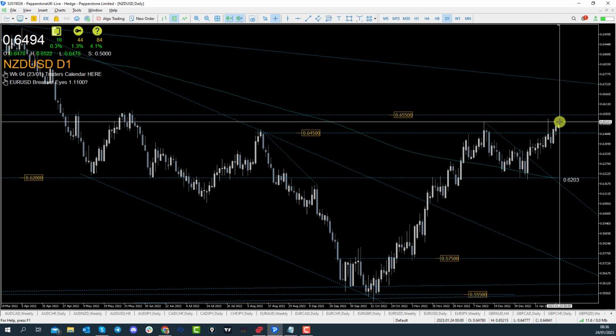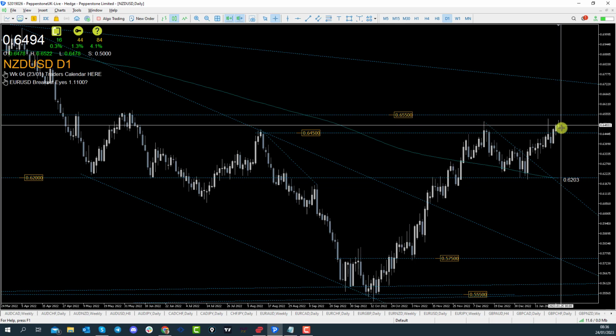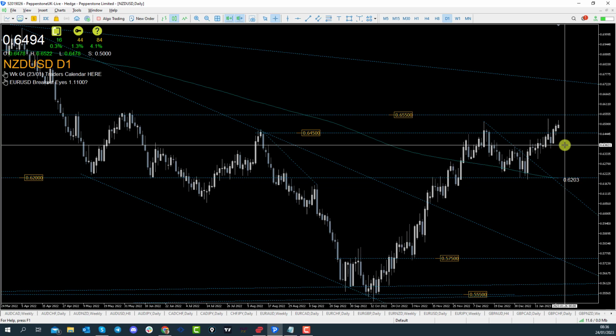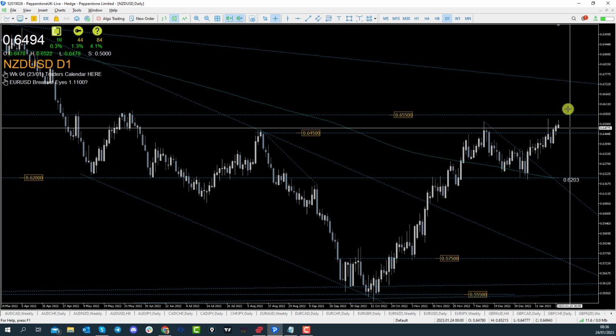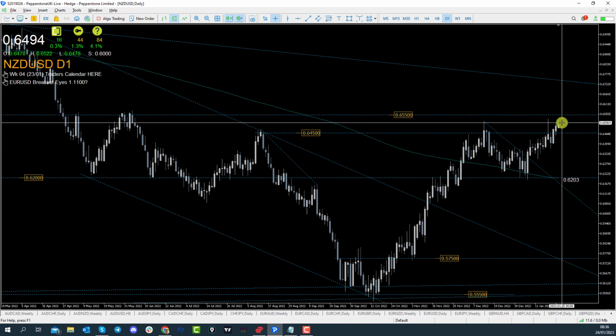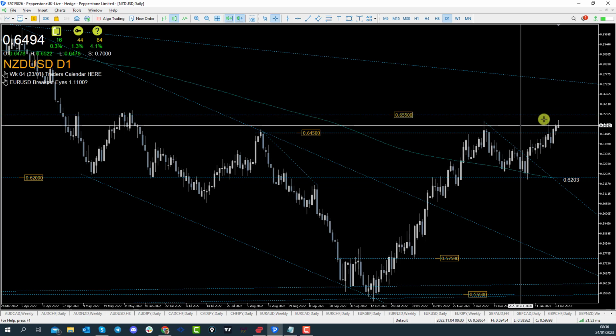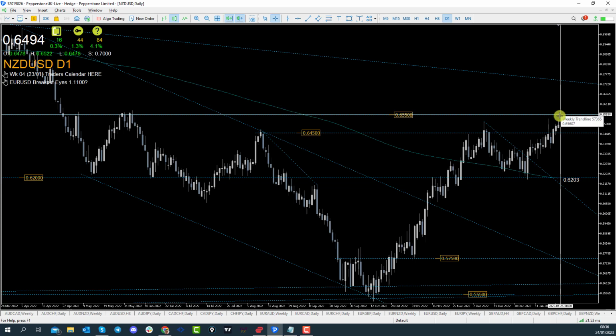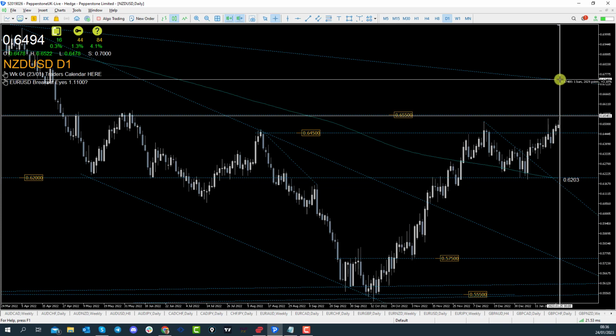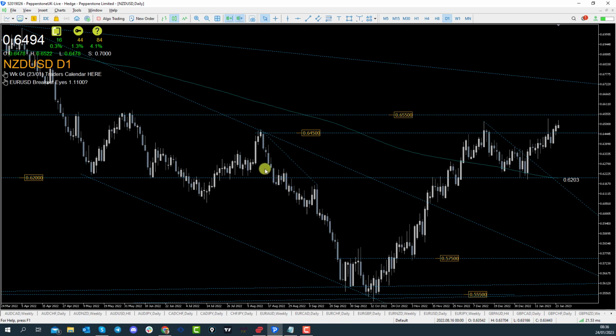What we want to do is wait for a pullback in the market and then look for continuations. If the dollar does aggressively get weaker and trades through that level, and we see the US dollar weaken across the chart and the New Zealand dollar remains strong, then a break above 0.6550 would give us the open space to trade up towards the higher time frame trend line here.